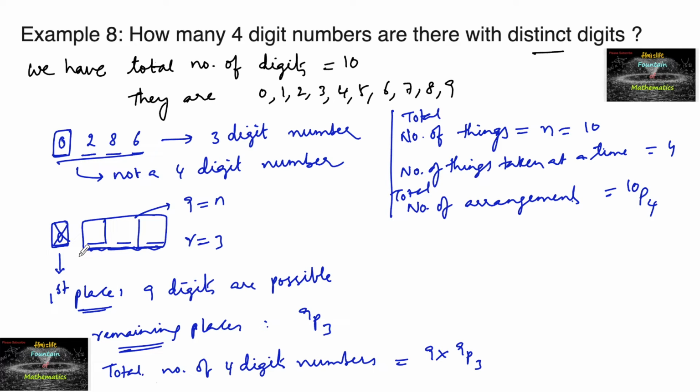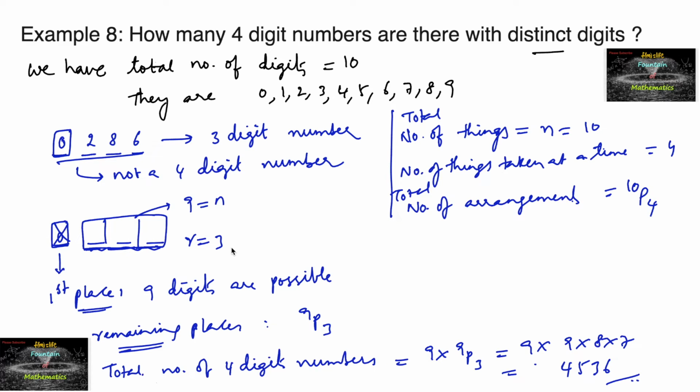So the first place has 9 possibilities and the remaining places 9P3. So 9 into 9P3, where nPr is n into n minus 1 and so on up to n minus r plus 1, that is 9 minus 3, 6 plus 1, that is 7. So 9 into 8 into 7. So 9 into 9 into 8 into 7, if you calculate it, you will get 4536.